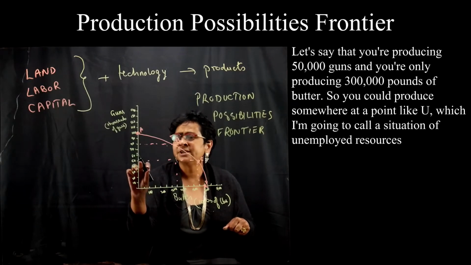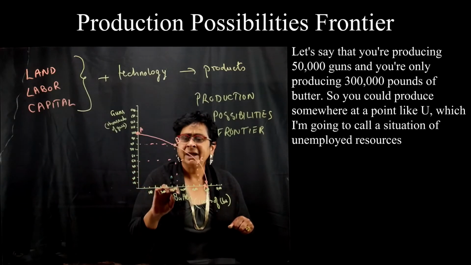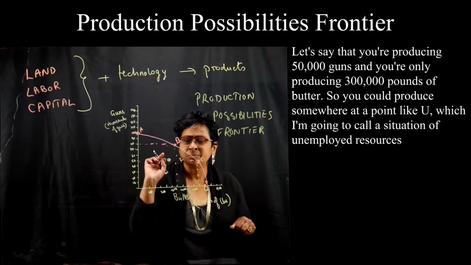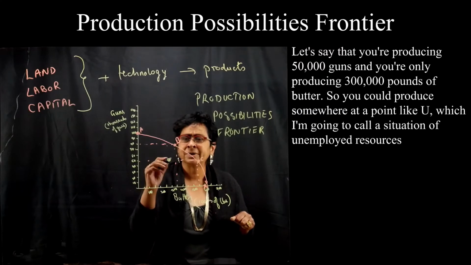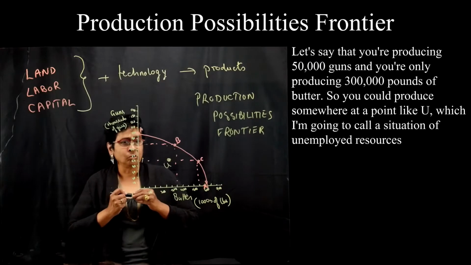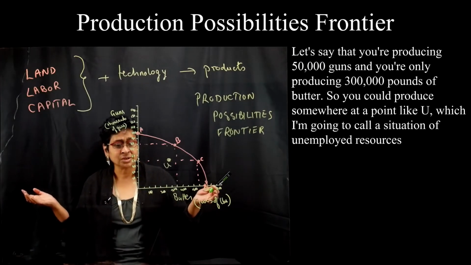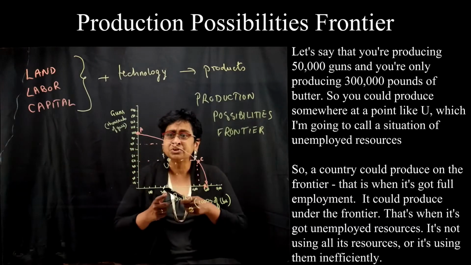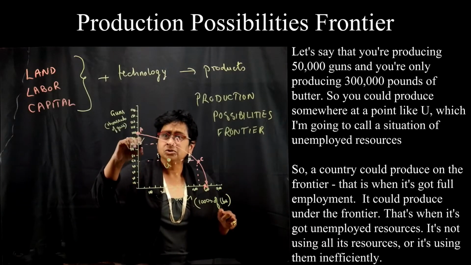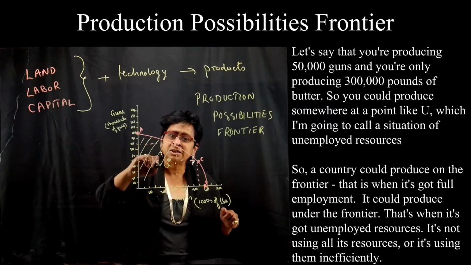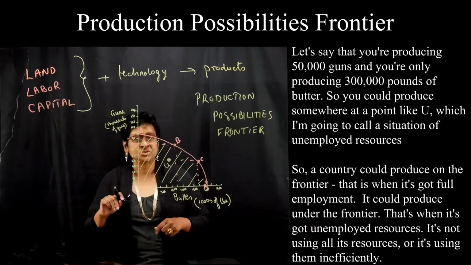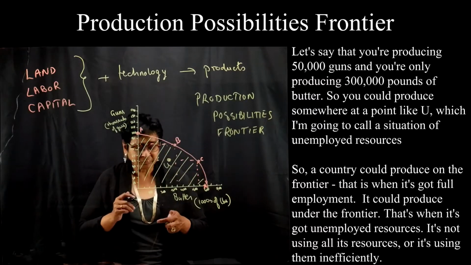Let's say that you're producing only 50,000 guns and only 300,000 pounds of butter. So you could produce somewhere at a point like U, which I'm going to call a situation of unemployed resources. So a country could produce on the frontier, that's when it's got full employment. It could produce under the frontier. That's when it's got unemployed resources. It's not using all its resources, or it's using them inefficiently.